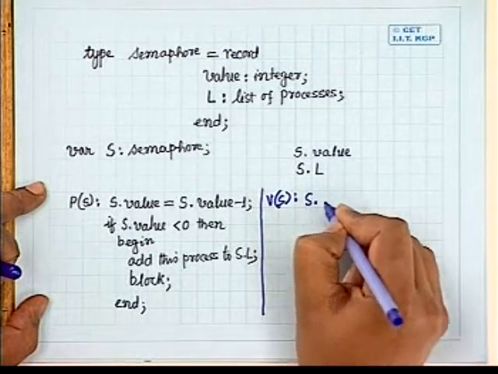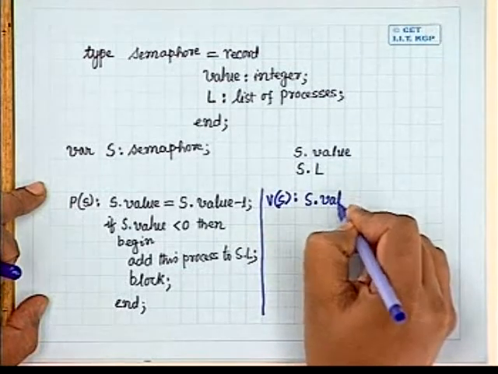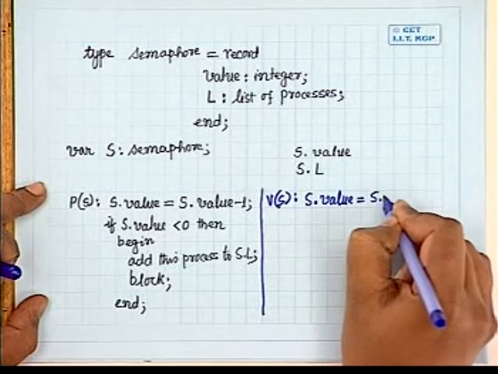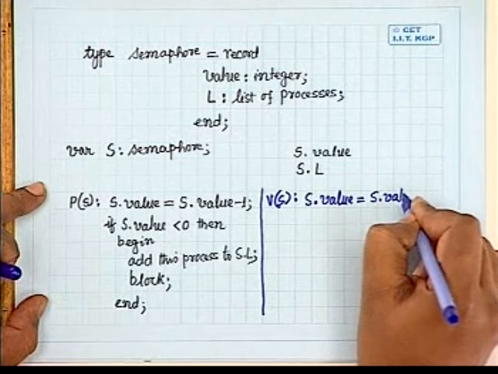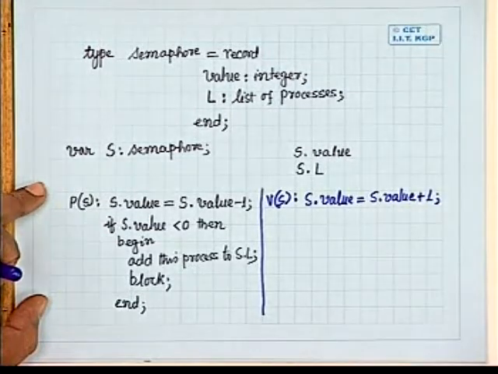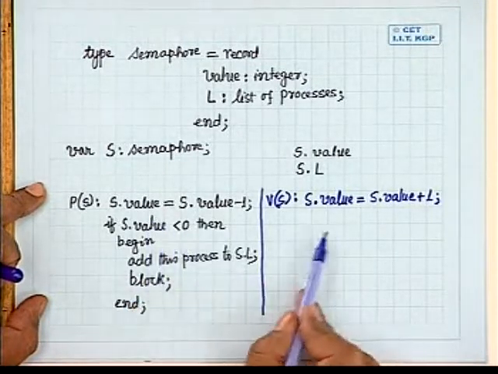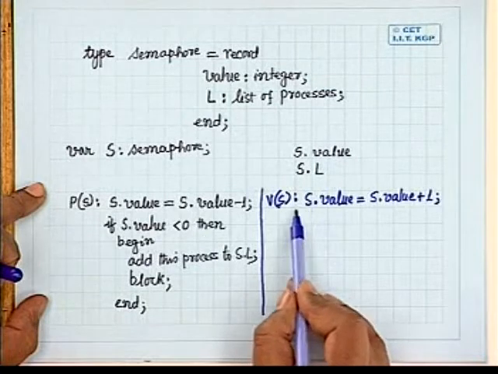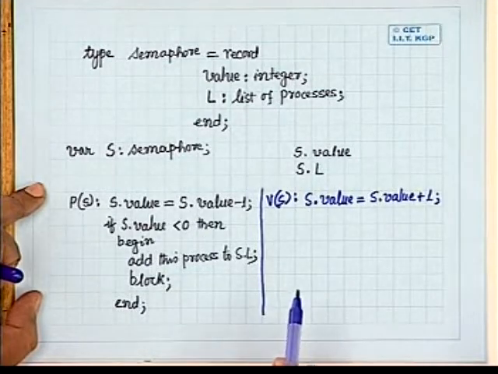Firstly, s.value has to be incremented by 1, so it will become s.value plus 1. That is the reverse of this. In PS operation, we decremented the value by 1. In VS operation, we increment the value by 1.